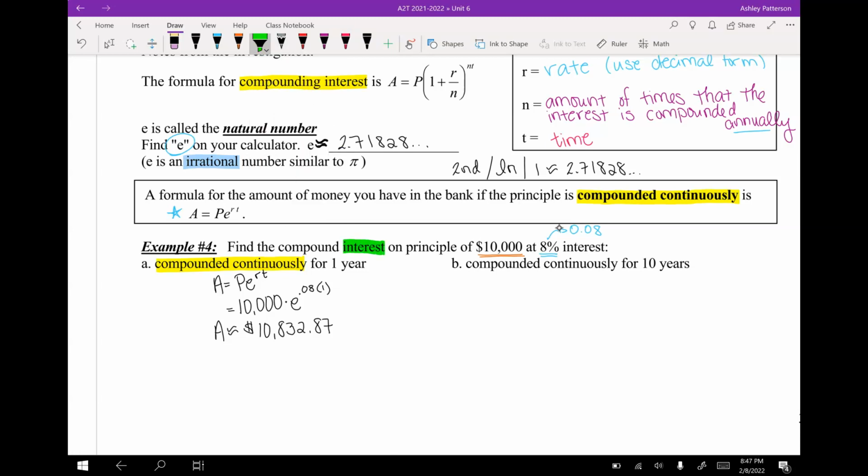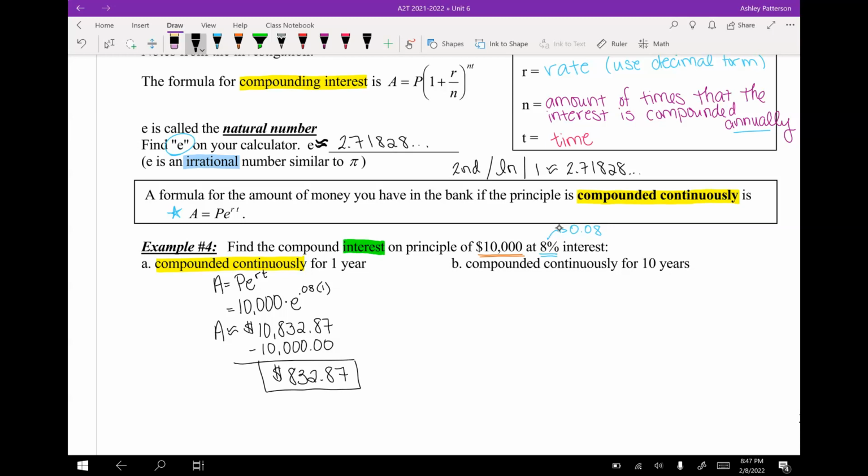So if we initially invested $10,000 and we now have $10,832.87, the interest that we earned is the excess. So the interest is $832.87. Be careful with what it's asking for, yeah?